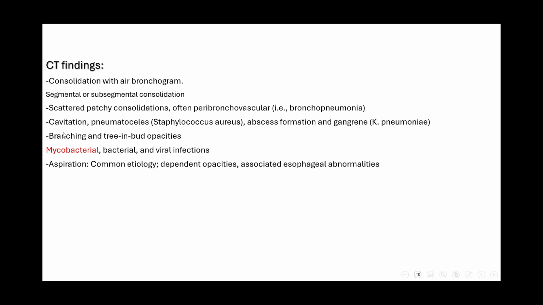Sometimes it comes as cavitation and mimics TB, also branching and tree-in-bud opacity. Also as aspiration pneumonia when it involves the bilateral lower lobes. In cases of aspiration pneumonia, you always check the trachea for any secretion, also the main right and left bronchi.